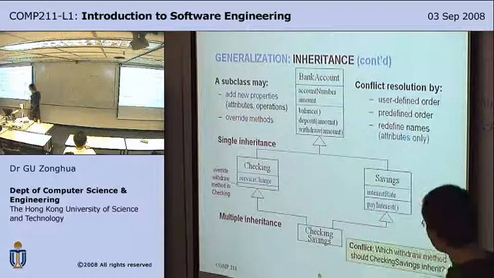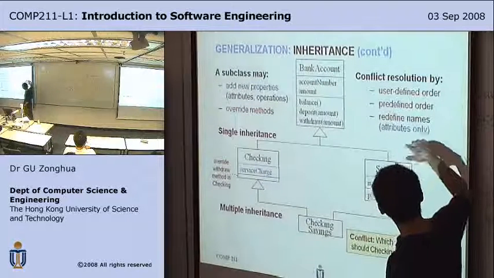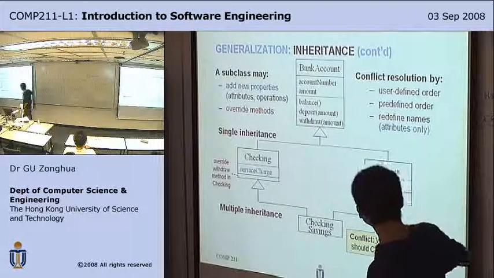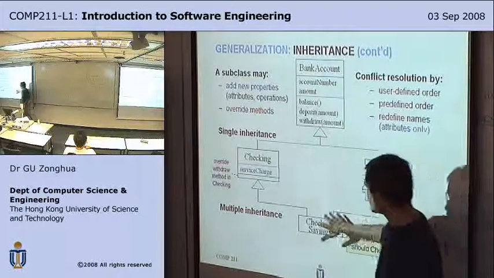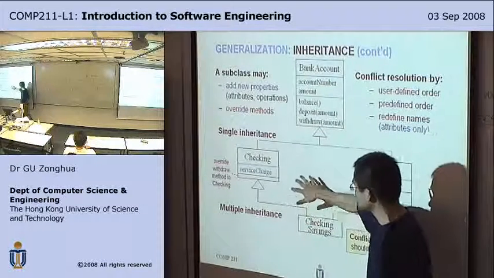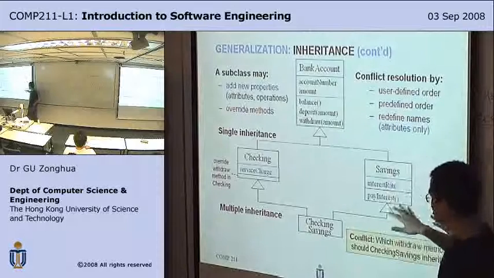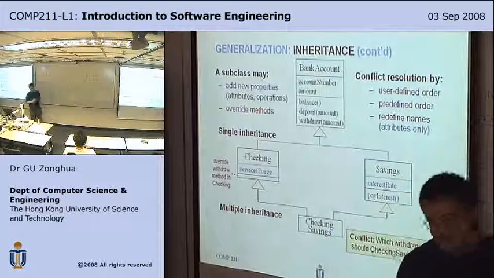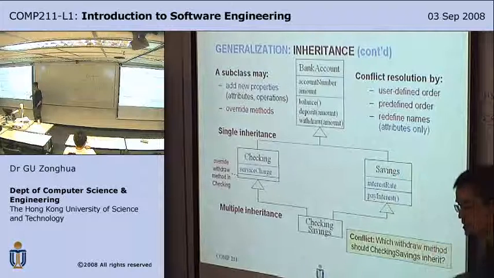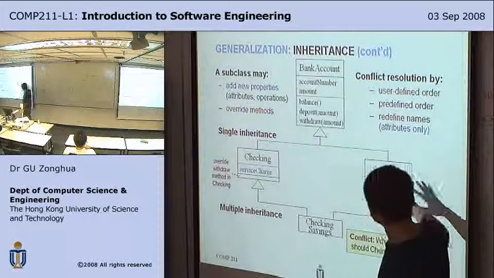So conflict resolution can be by user-defined order. That is, the user may say, okay, always prefer the operation methods in the checking to the savings. So anytime you have a different definition, always choose the one in checking in preference to the one in savings.